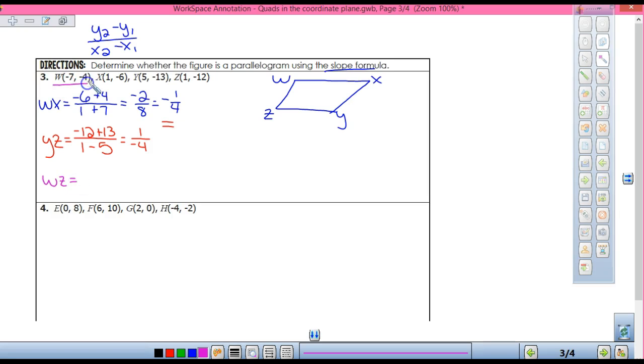WZ, so W and Z, you got, what? Oh, I got the wrong one. Yep, negative 12 over 7. On top I've got negative 8 over 8, which is negative 1.